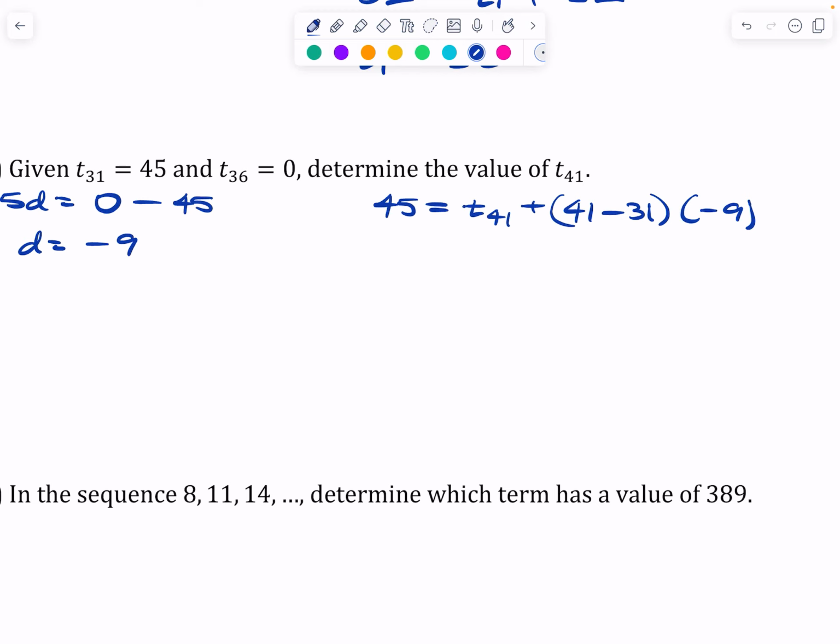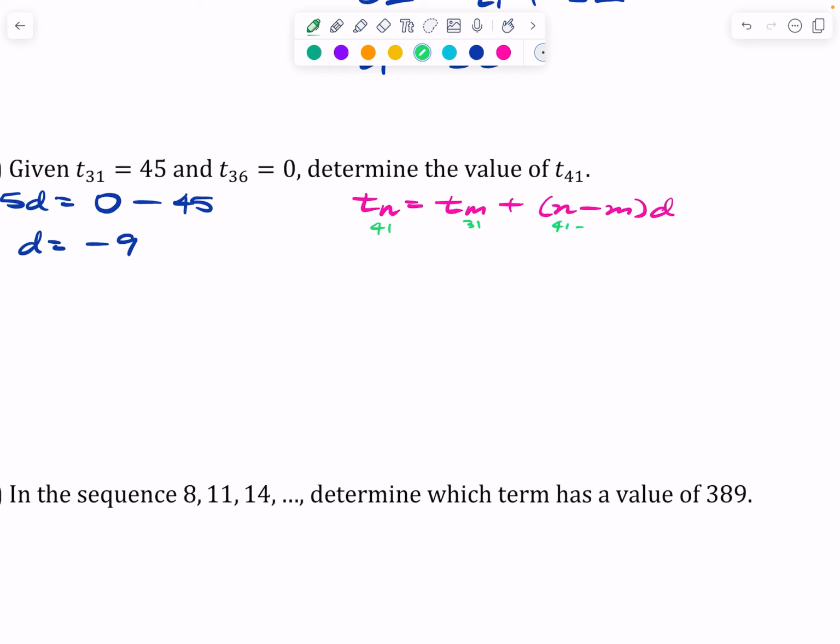And, I messed this up. This is why it's generally good practice to start with the old formula, plug things into the proper places. I'm going from term 31 to term 41.